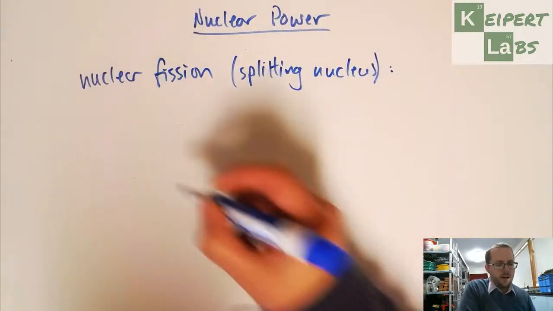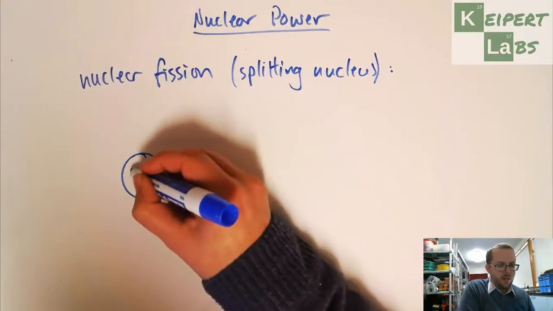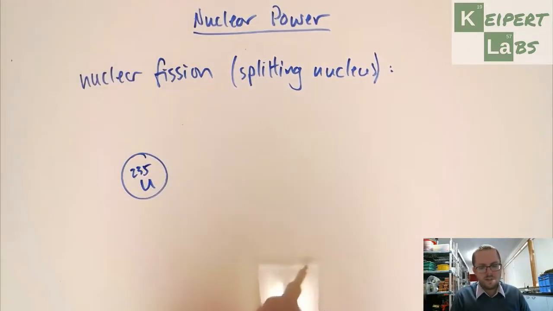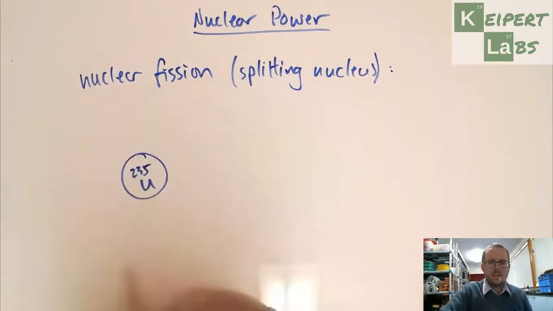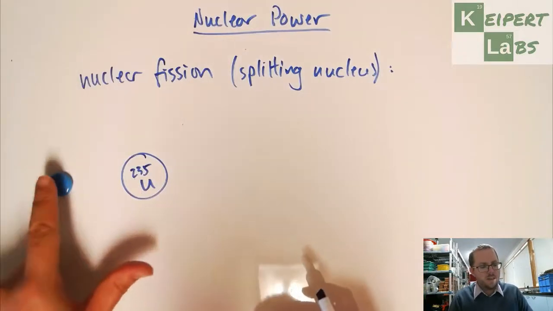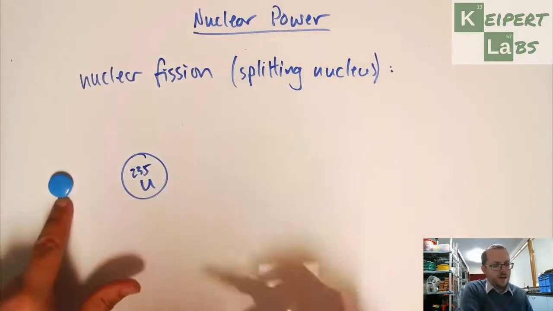Okay, so we've got a nucleus of uranium-235. Okay, this is its nucleus. And then what comes along and happens is that, let's say, this is not to scale, just be mindful of that. Let's say that this represents a neutron.